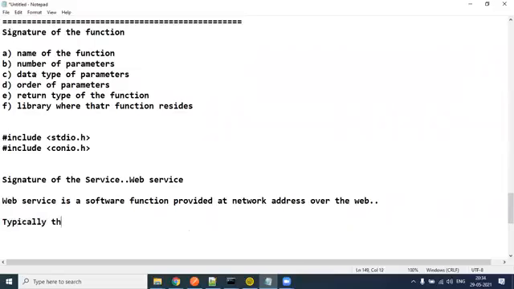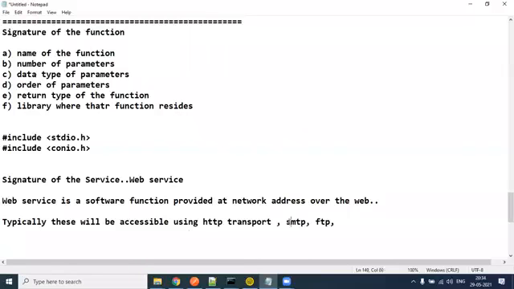Typically, these will be accessible using the HTTP transport protocol. There are some other protocols also like SMTP, FTP, and all, but we will talk about what makes more sense. We are not here to debate.